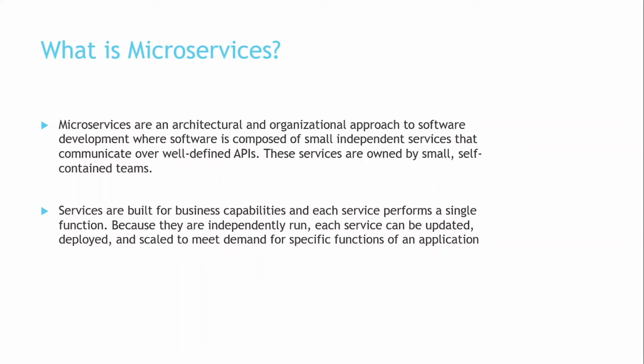So we can update it independently, we can deploy it independently, and we can also scale that application if we want some additional functionality as well. So that's the point in microservices. These are separate services in containers, and then we use them by using their APIs.